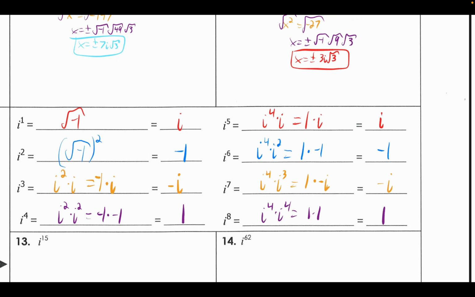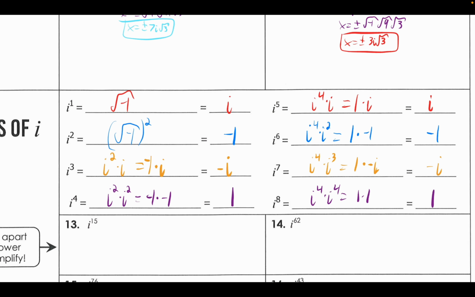I, negative 1, negative i, 1. And this pattern, this cycle, just repeats continuously. So I could have i to the 64th, and I could know what that would be by tracking the pattern, knowing that it's always going to go in the pattern of i, negative 1, negative i, 1 as we increase powers of i.